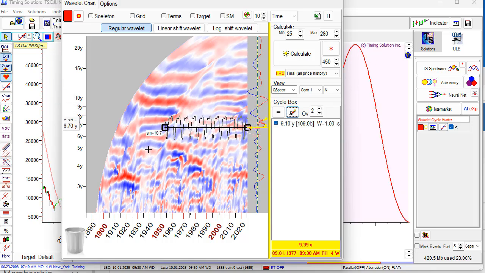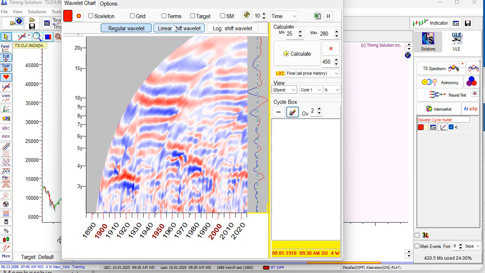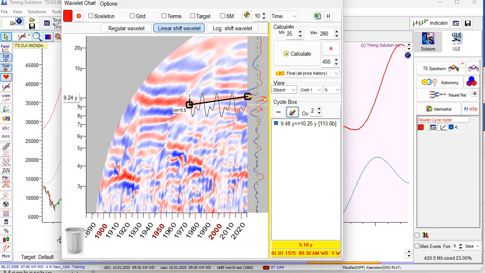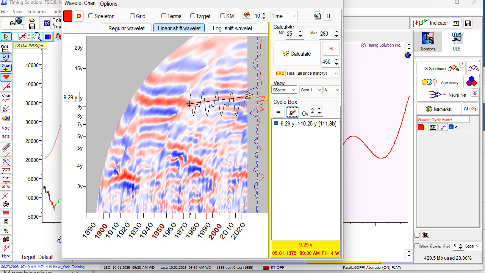But I will remove this cycle and I will do a linear shifted wavelet and move it from here till here. Something like that.